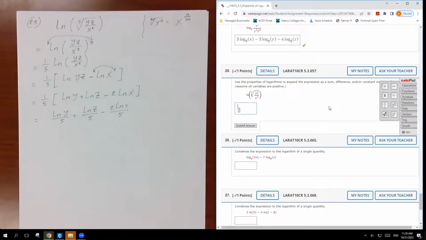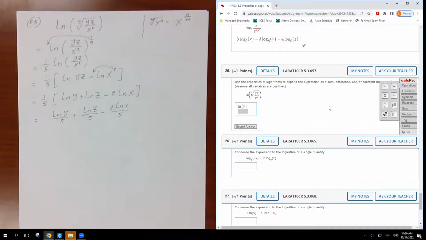So we're going to say ln y over 5 plus, you have to put the parentheses, another fraction, ln z over 5 minus 2 ln x over 5.